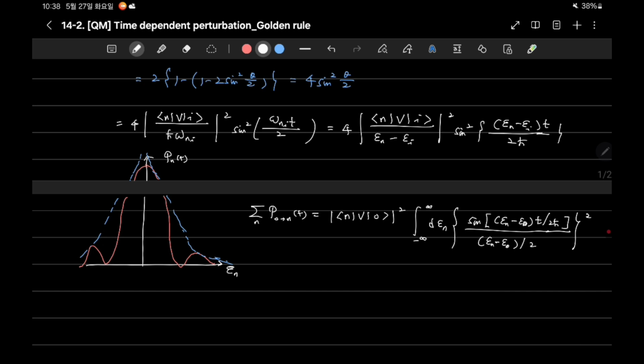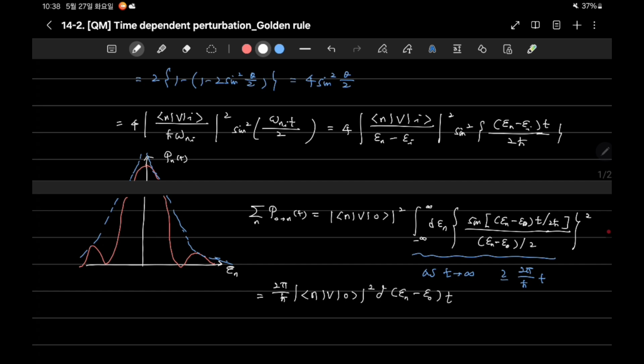And from the calculation, as t becomes infinity, it can be approximated by 2 pi over h bar times t times |n V 0|^2 and the Kronecker delta of epsilon n minus epsilon 0.